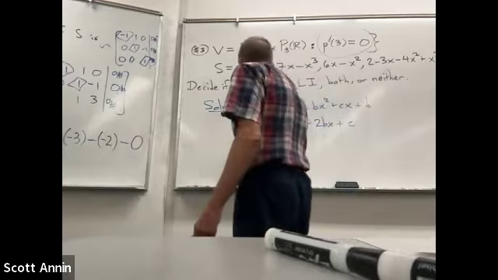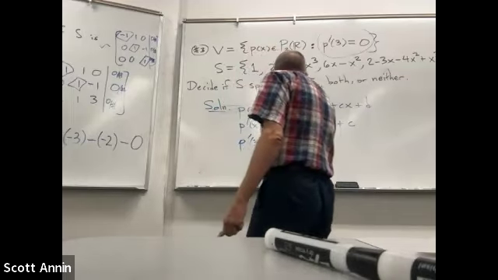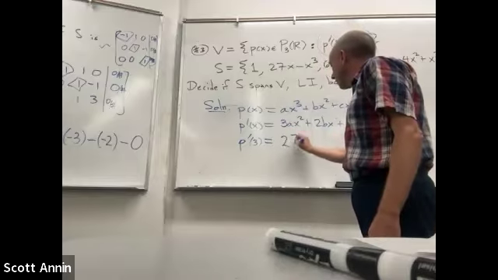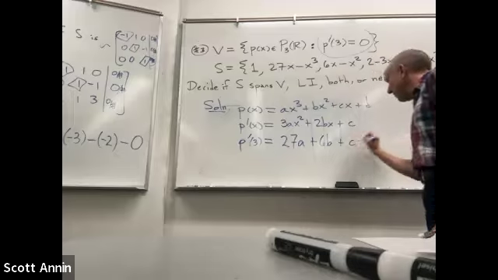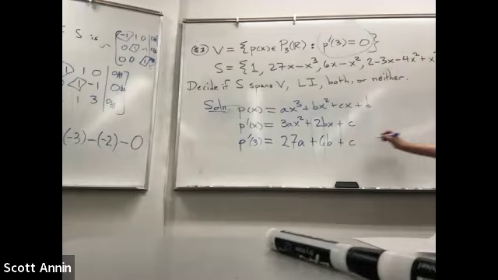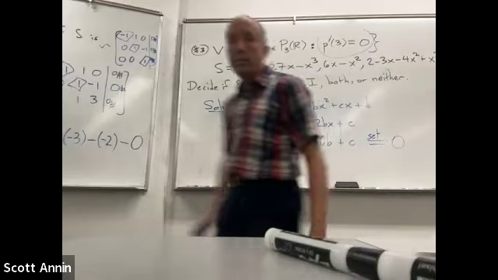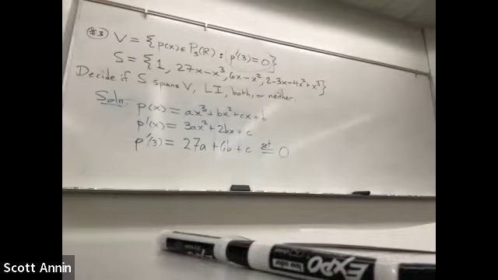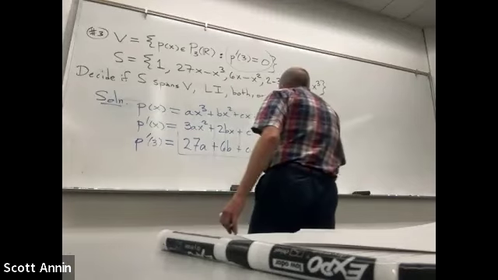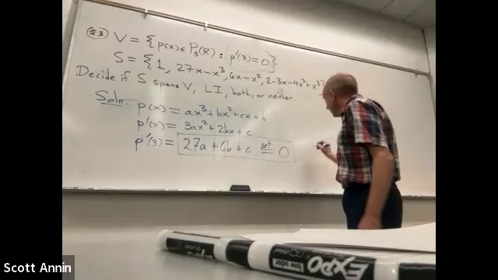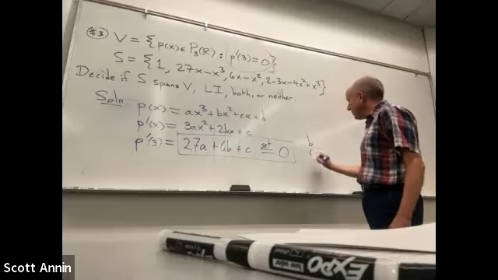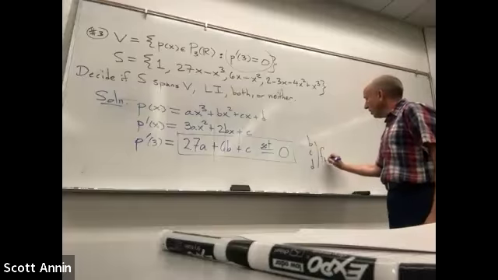Now I'm going to plug in 3 into that. Everywhere I see an x, I put in 3. So I get 27a plus 6b plus c, and this I am now setting equal to 0. This creates an equation, and in this equation, notice that b, c, and d are all free.